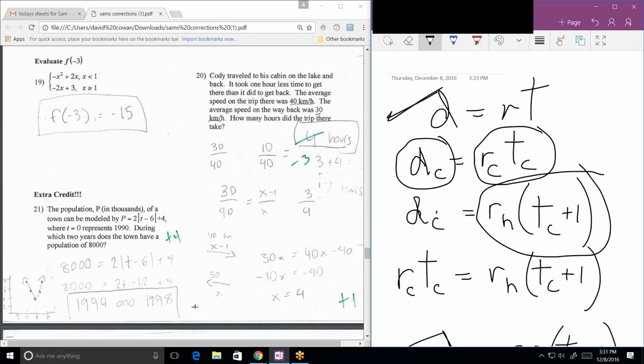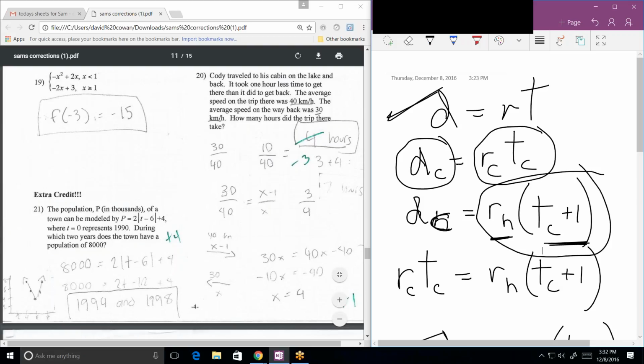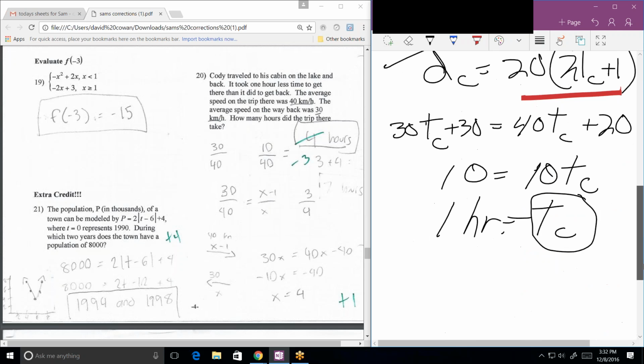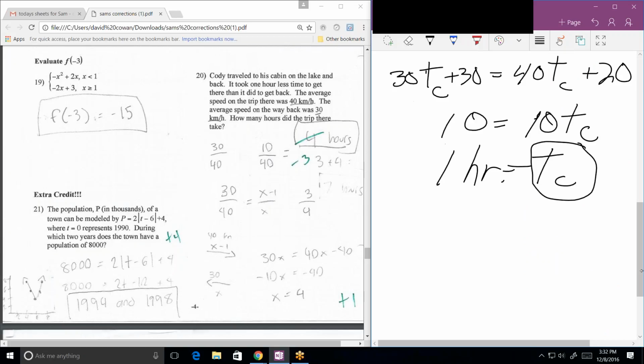That's actually the distance to come home, but it's the same as the distance to the cabin, so I left it as d sub c. And that's the rate that we come home times the time, and it took us an hour longer to get home. And then you kind of go from there, plugging in everything they give you, and hopefully you'll get it down to one variable and one equation, which we do at this point right there. And immediately that allows me to solve for the time to the cabin.